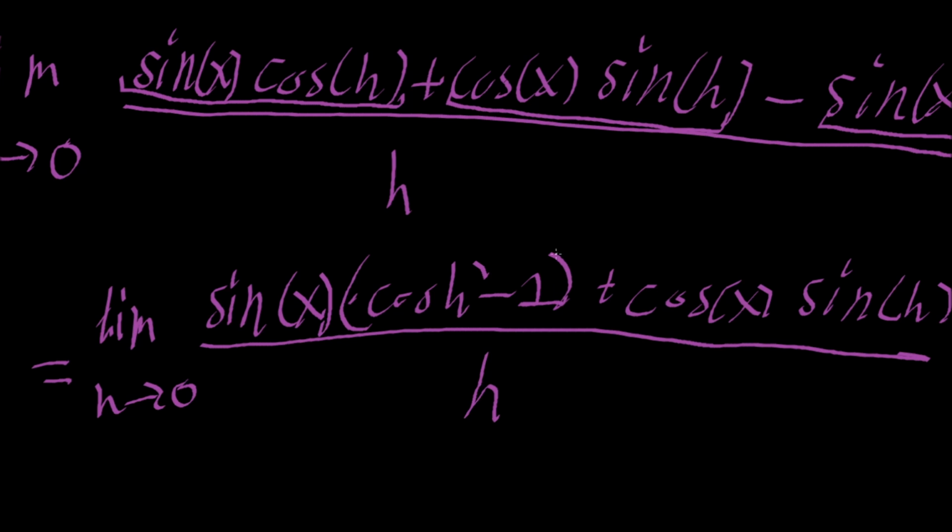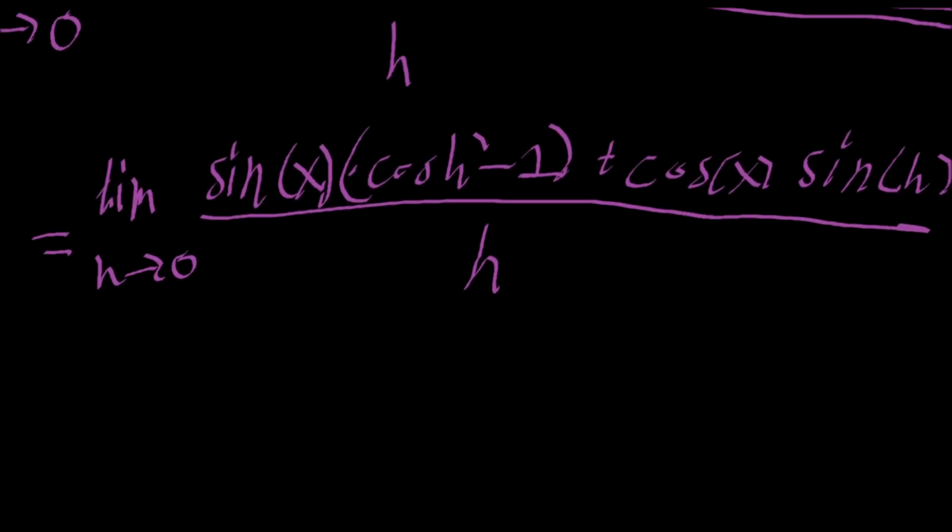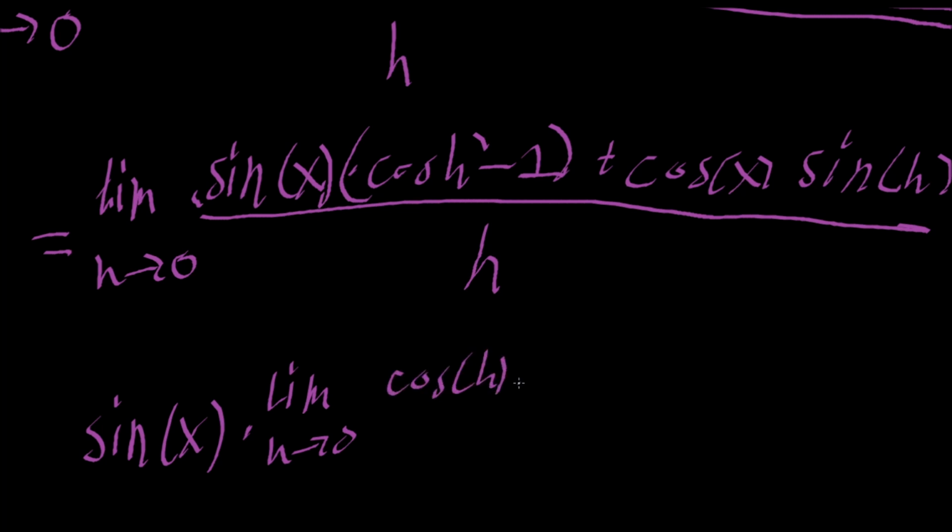And now I think the easiest way to proceed from here is to split this up into two different limits, as this will be equal to sine of x multiplied by the limit as h is approaching 0 of cosine of h minus 1 over h plus, let's put a parenthesis over here, and we're fine with moving this sine of x outside of the limit, because the limit is only affecting h, it is not affecting x.